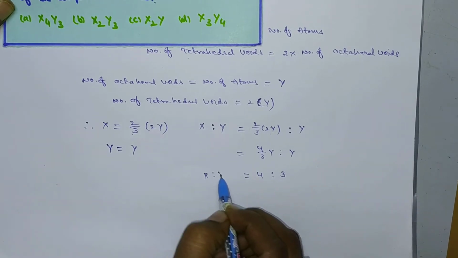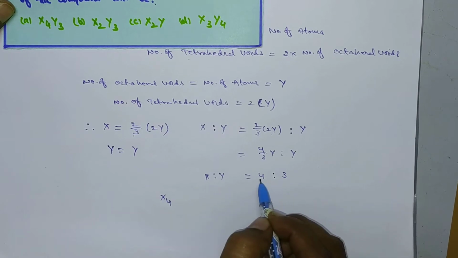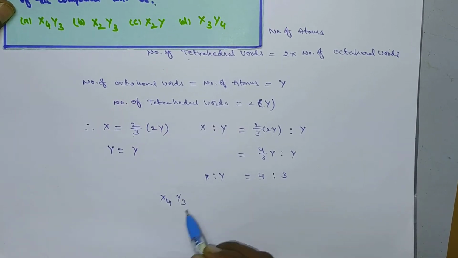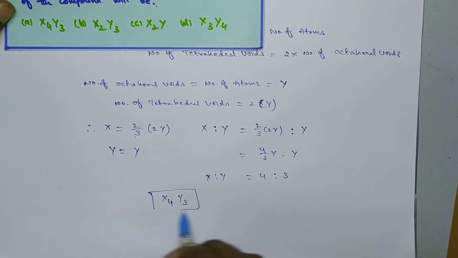The ratio of X and Y is 4 to 3, so the molecular formula will become X4Y3. This is our answer.